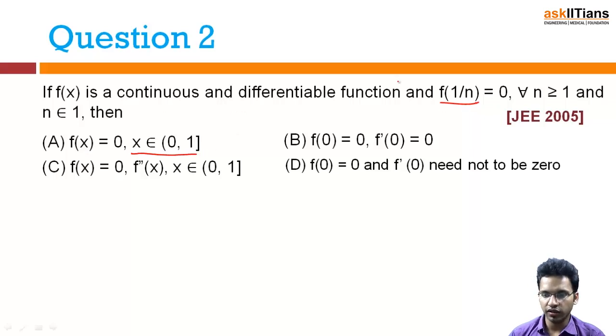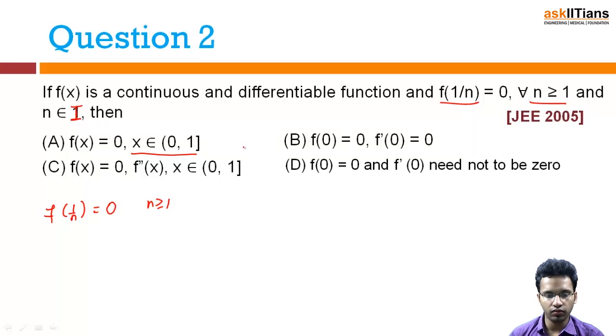So it says basically f is a continuous and differentiable function, and f of 1 by n is equal to 0, where n is greater than or equal to 1, and n belongs to the integers.